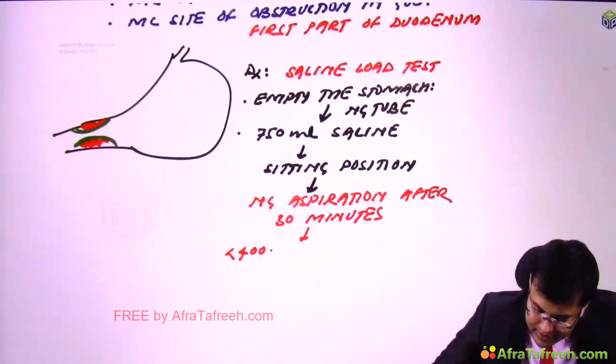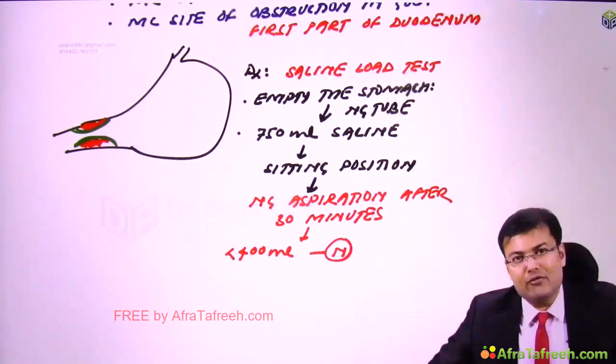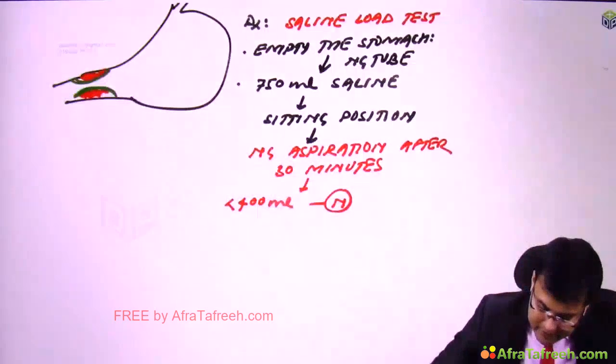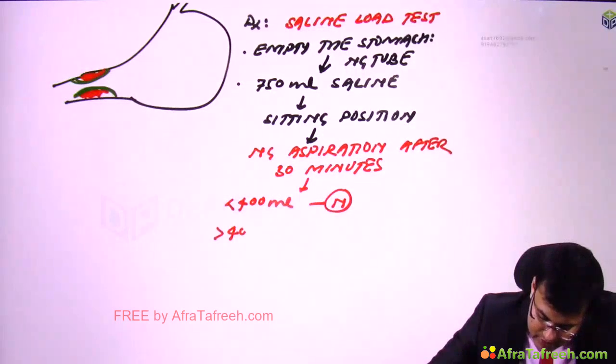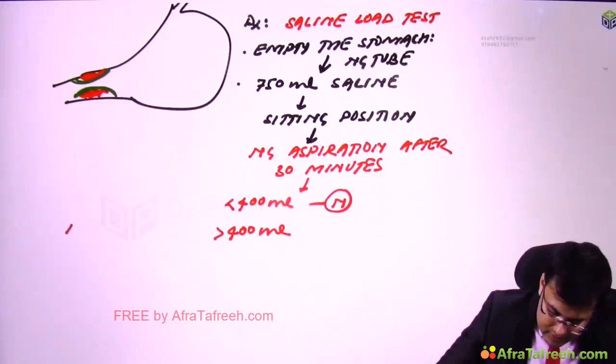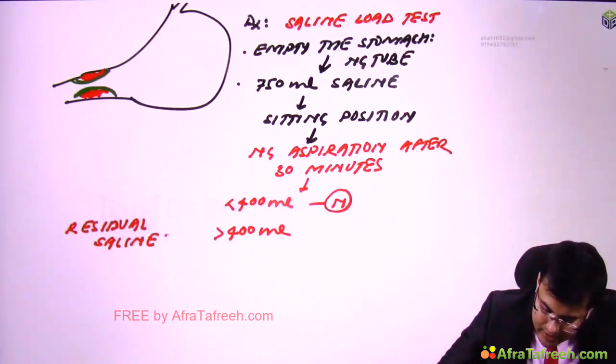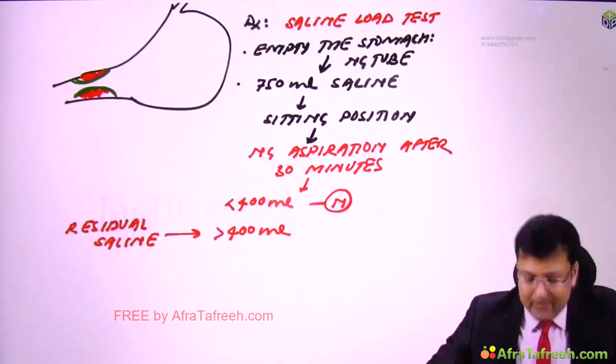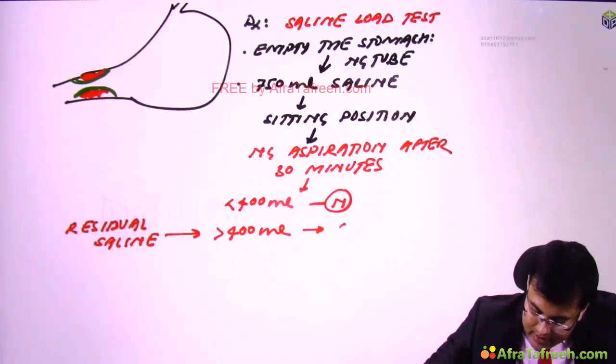It's less than 400 ml. So if the residual saline is less than 400 ml, it's normal. But if the residual saline is more than 400 ml, it is suggestive of gastric outlet obstruction.